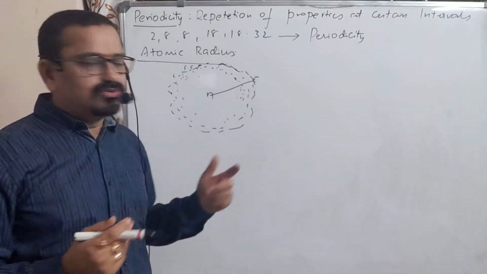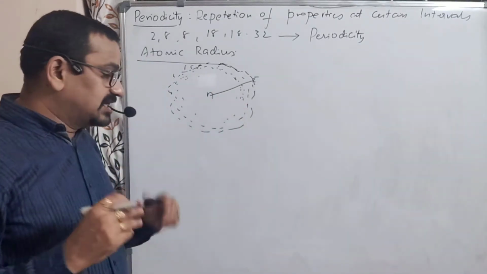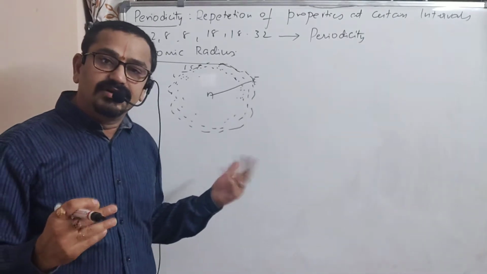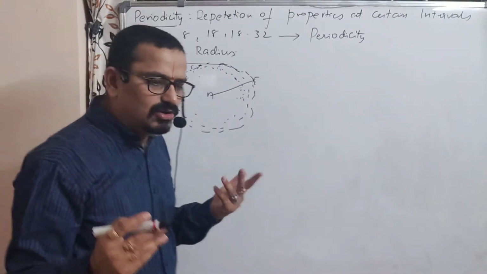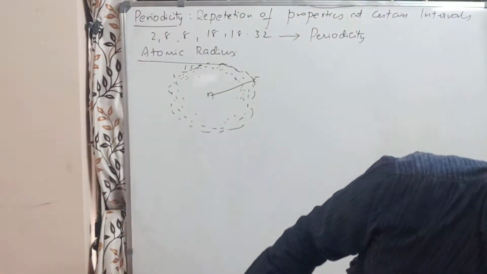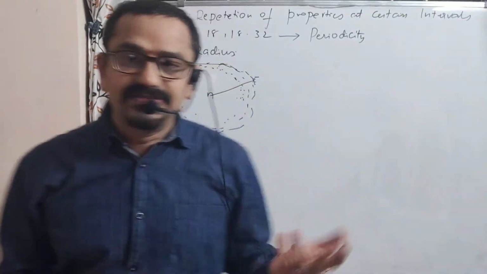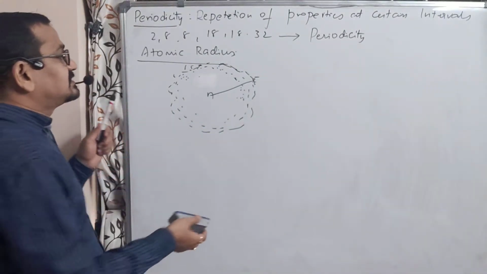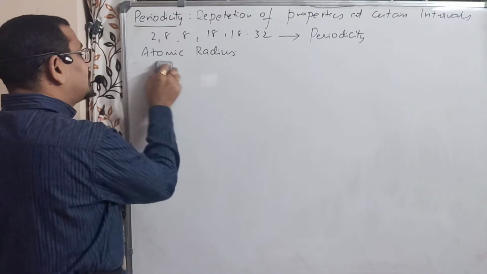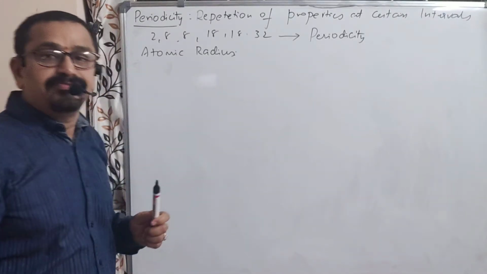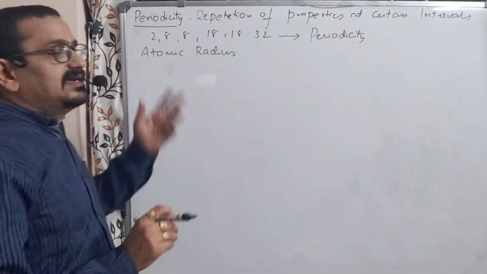But how do we come to know which is the outermost electron of the diffused electron cloud? How to infer that? We have no specific way, because an atom is not always available in its free state. Some atoms may be available in the free state, but most atoms are available in a combined state. So with respect to its state of availability, we have to define its atomic radius.